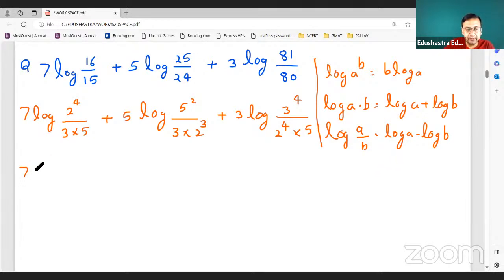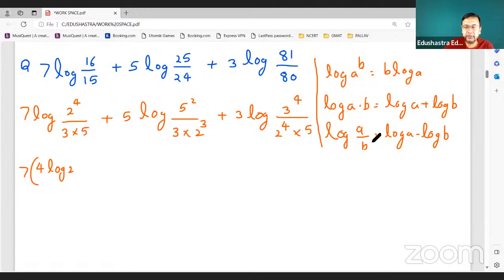So this is 7, right? Now 2 raised to power 4. So this is log A raised to power B. Done. So this is 4 log 2, right? And in a denominator, this is 3 into 5.